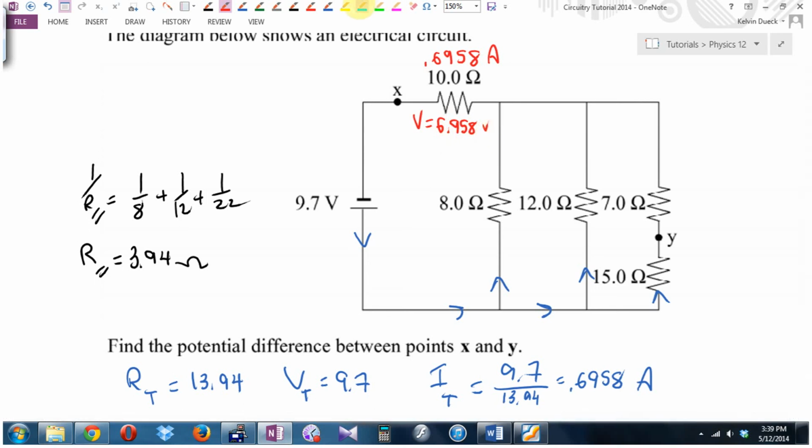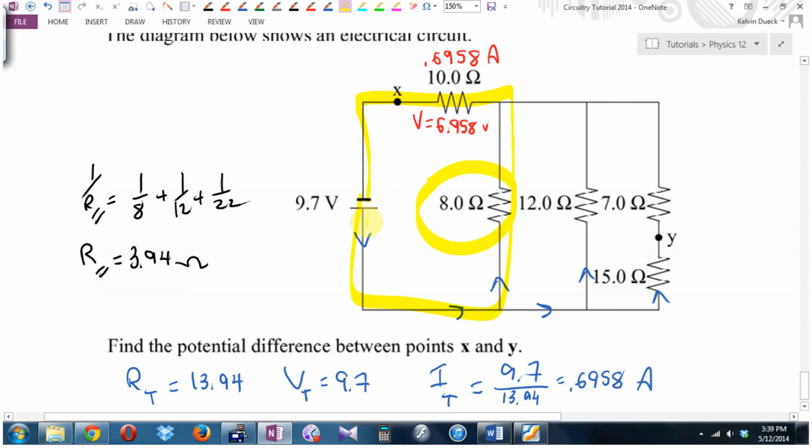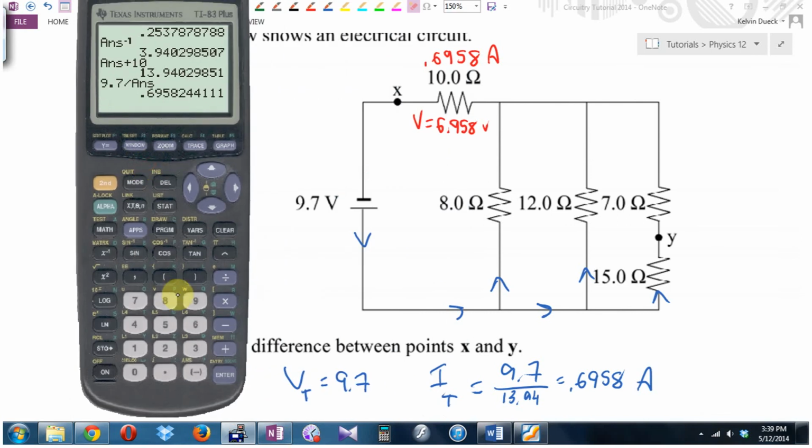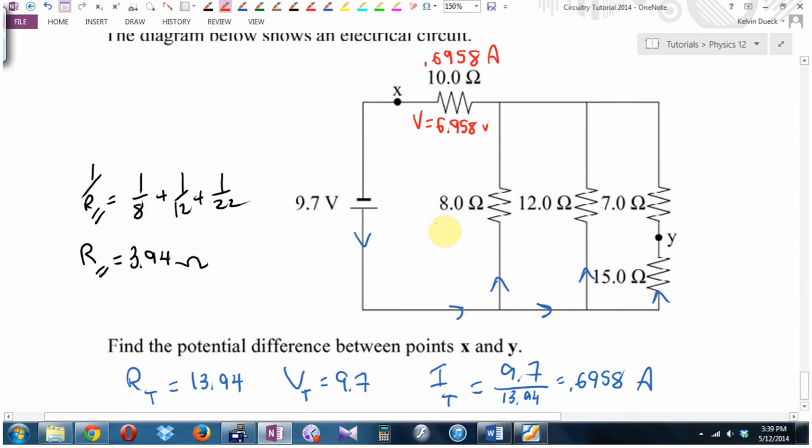Oh, and I guess now I can find this one because, right? So that's going to be 9.7 take away 6.958, 2.742 volts.